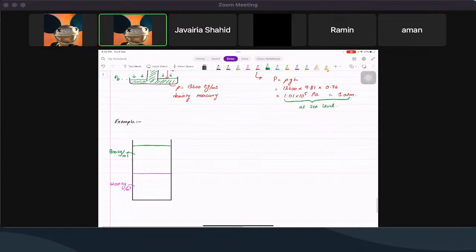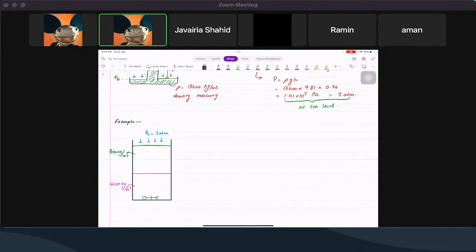Because it is open from the top, it means that the atmospheric pressure will also be acting. So let's call this P naught, and that pressure is 1 atmosphere. We already know the value from previously, right? So suppose if somebody wants to go swimming, and they go really to the bottom, right? And they have given the heights as well.